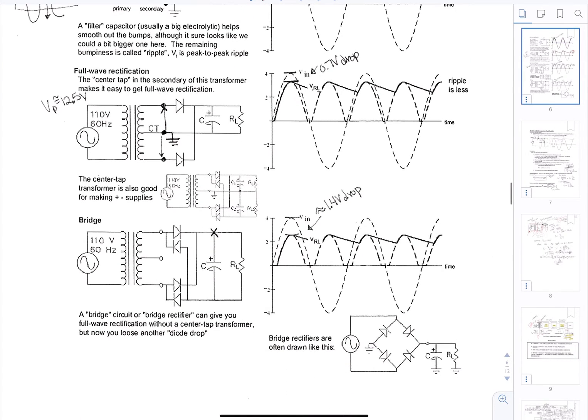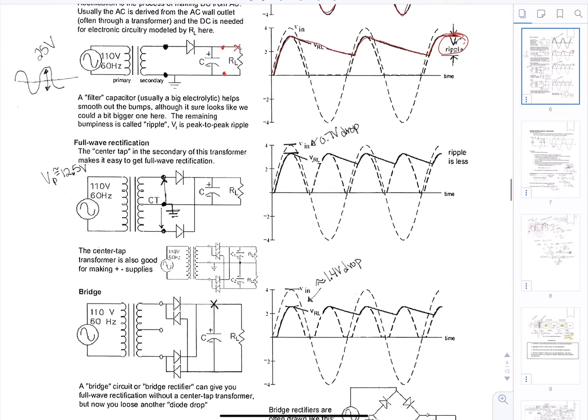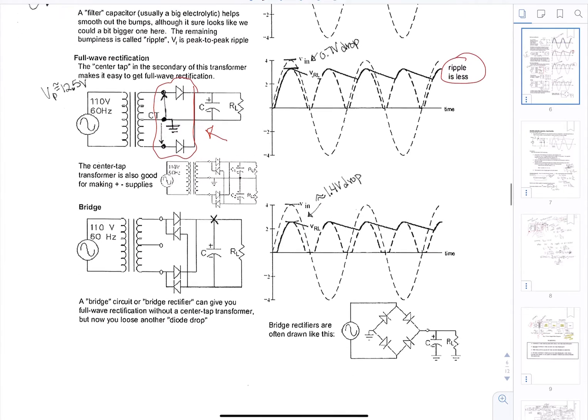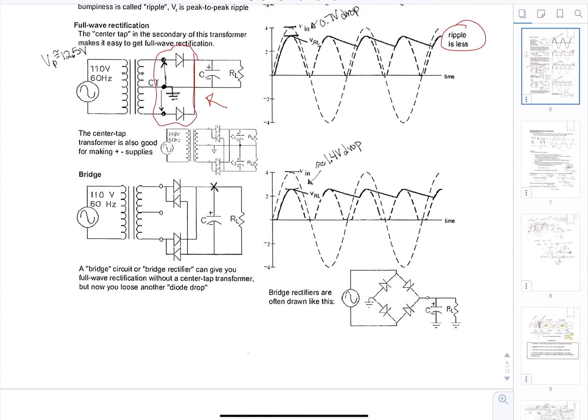Full wave rectification can also be done, and you can see that the ripple is less. So this is the circuit for a full wave rectifier where you have 2 diodes. And then when you do both sides, this is called a bridge rectifier. There is a bridge rectifier chip that you can use.